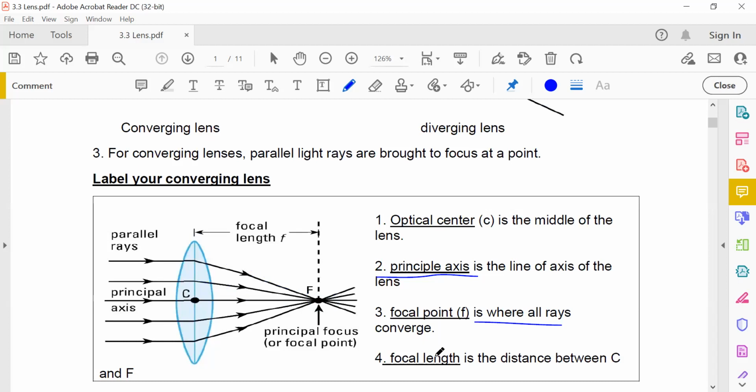And finally, the most important one, we call it the focal length. The focal length is essentially the distance between the focal point and the optical center. Now this here, although it sounds very straightforward, I have seen countless times in many years of my teaching that students are unable to identify where the focal length is.